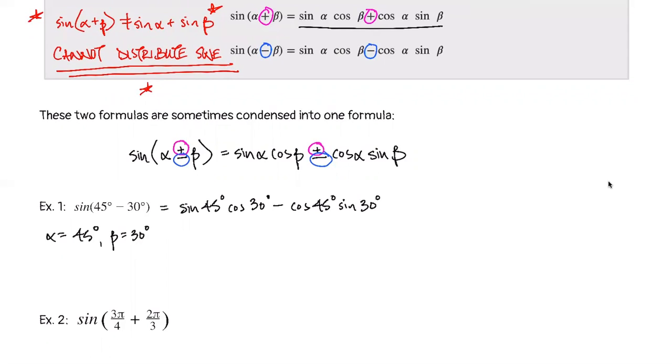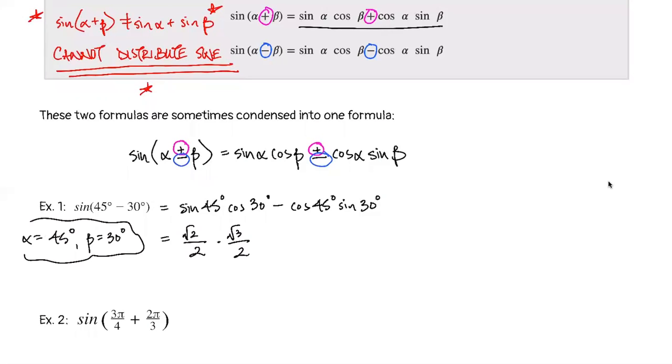Now from here, we're going to plug in the values from our unit circle. So you go to your unit circle, you find 45 degrees. The sine of 45 degrees is root 2 over 2. And then you go to 30 degrees, and you find the cosine of 30 degrees, and that's going to be root 3 over 2. So instead of writing sine of 45 times cosine of 30, I just found the values from my unit circle.